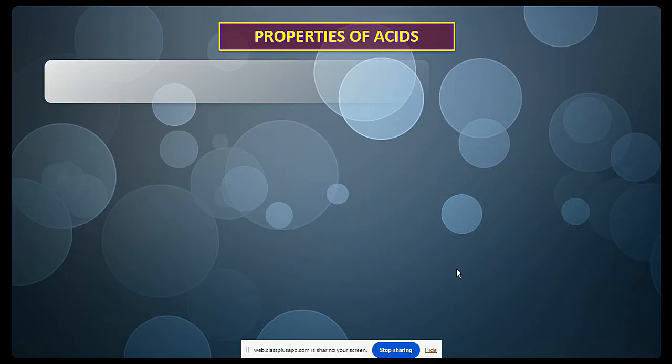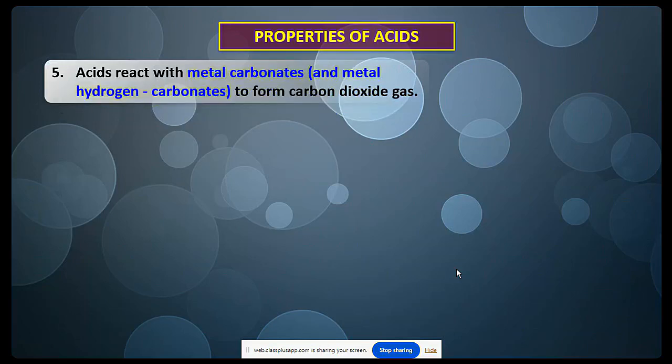Now we'll discuss the fifth property of an acid, that is, when acid reacts with metal carbonates and metal hydrogen carbonates. So here you have seen that in the activity for property number 4, when acid reacts with metal, which gas is liberating? Hydrogen gas. Am I right? But when acid reacts with metal carbonate instead of metal, it releases carbon dioxide.